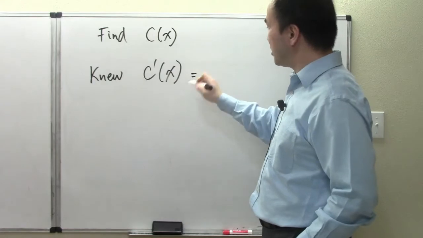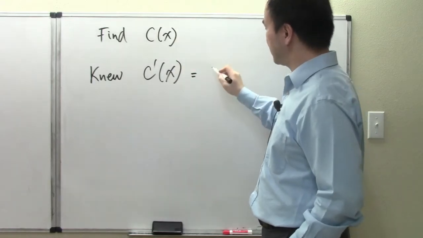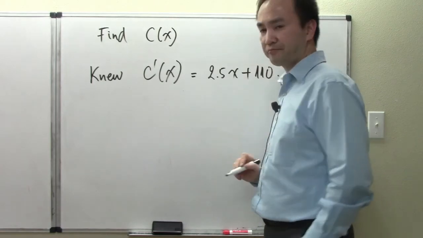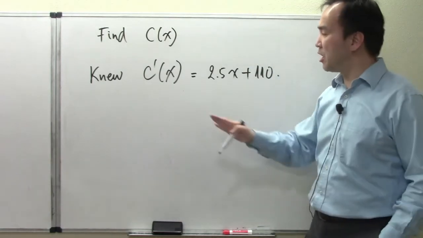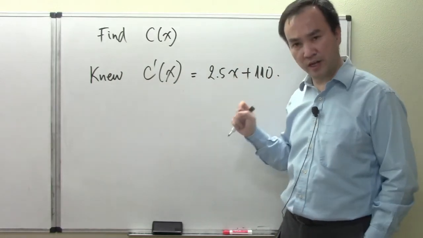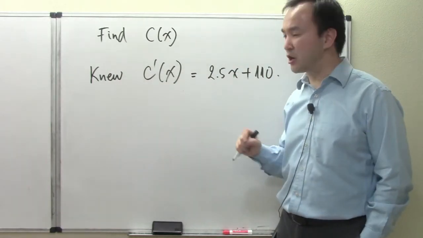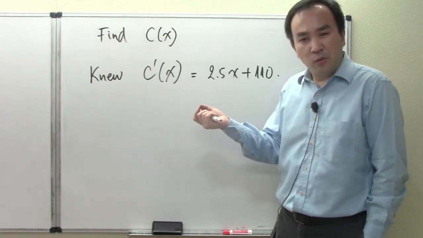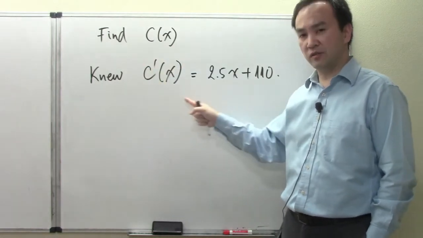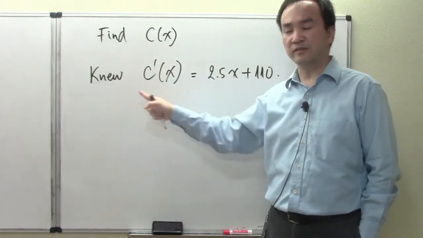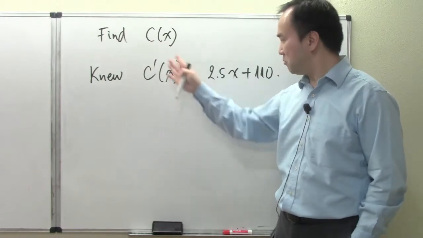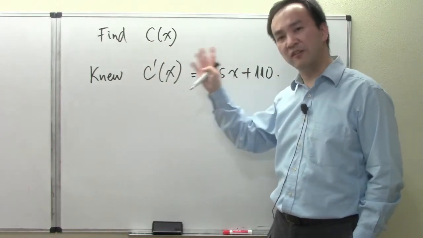So now we knew that the derivative of C is 2.5x plus 110. So we know that marginal cost is 2.5x plus 110. So we put ourselves in that scenario where, for whatever reason, we actually notice the general rate of change of our cost for our company. Okay, so what a useful information.